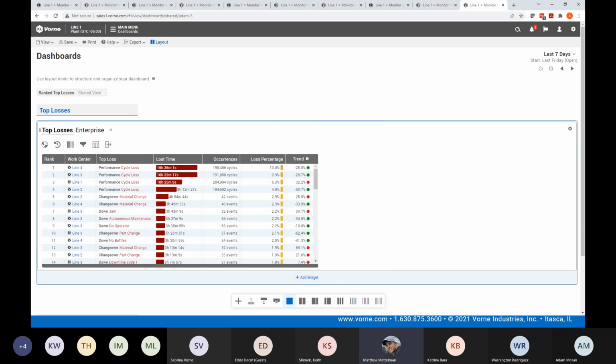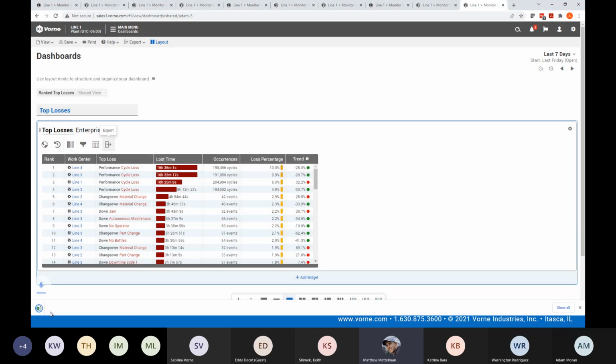Now, another question about the data on the dashboard pages. While the data that is being used to generate these reports or these widgets is stored within the Vorne system, you do have the ability to export the raw data into Microsoft Excel, for example.